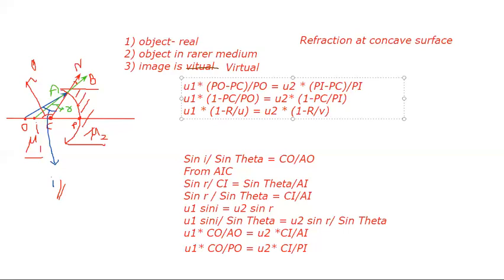And if you just use this equation, you get the final version: mu2 by V minus mu1 by U is equal to mu2 minus mu1 divided by R. This equation is very important: mu2 by V minus mu1 by U is equal to mu2 minus mu1 by R, right?